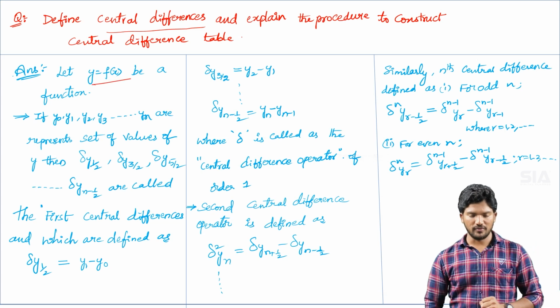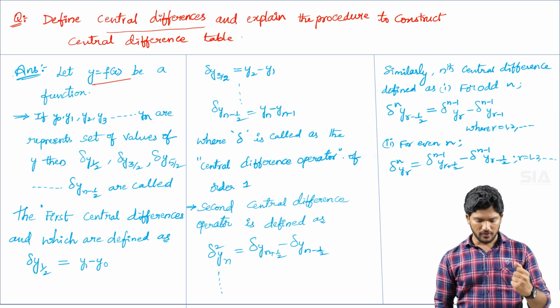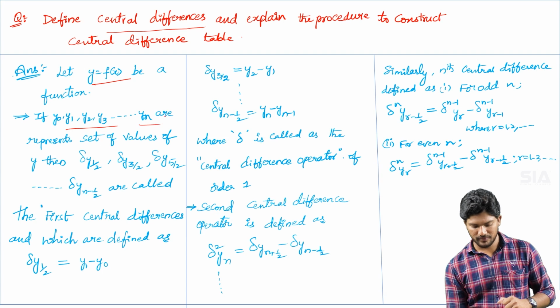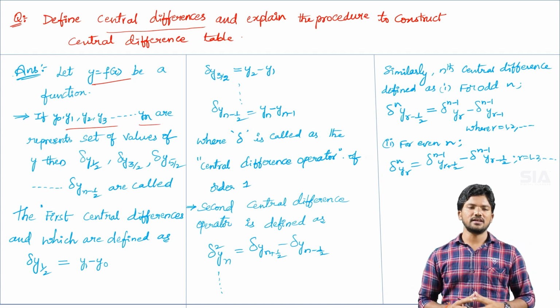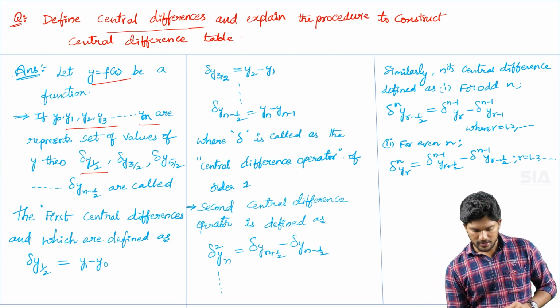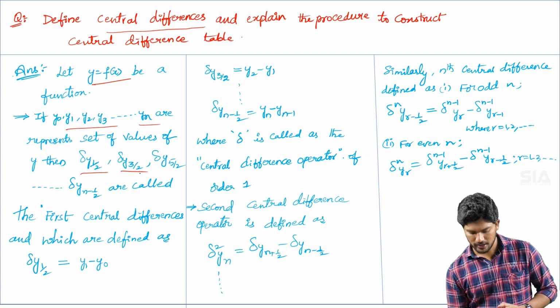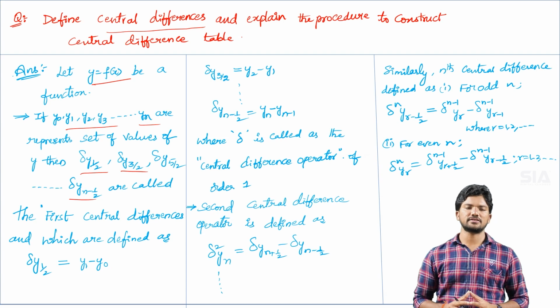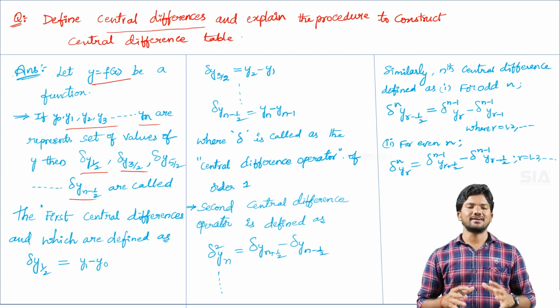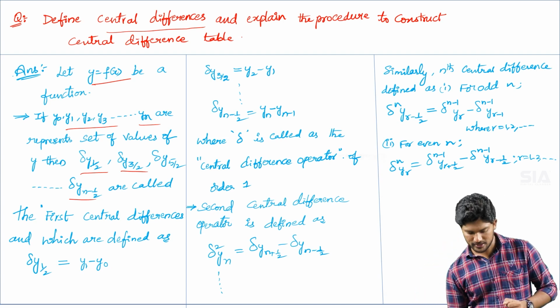Let y is equal to f of x be a function, and y0, y1, y2 up to yn are the values of y. Here small delta y suffix 1 by 2, small delta y suffix 3 by 2, up to small delta y suffix n minus 1 by 2 are called the first central difference operators.